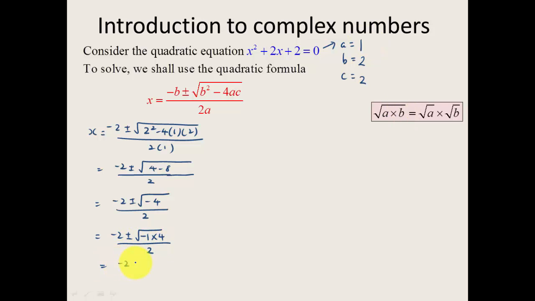Negative 2 stays, and the square root is split up into the square root of negative 1 times the square root of 4. Okay, let's continue on the other side. So at this point, I have minus 2 plus or minus the square root of negative 1 times the square root of 4, which is 2.